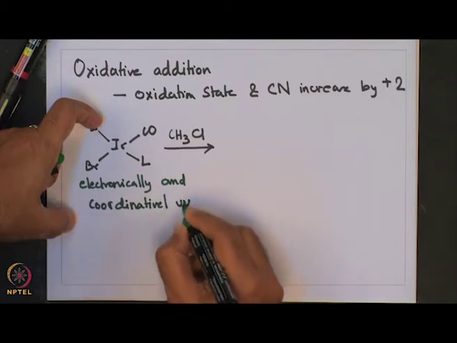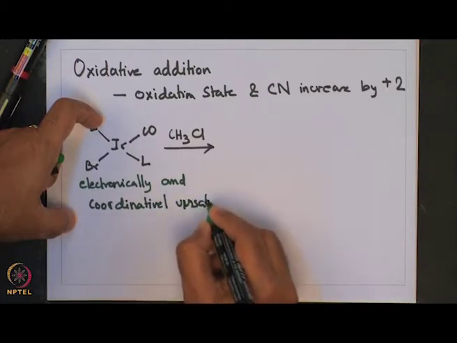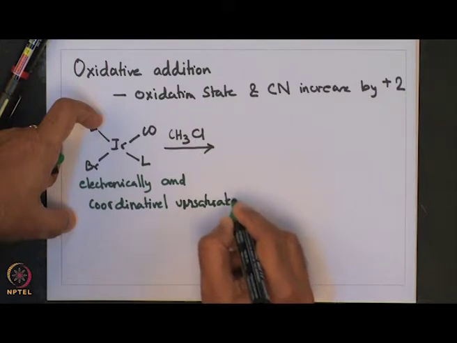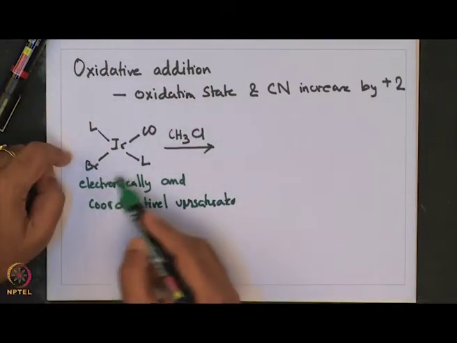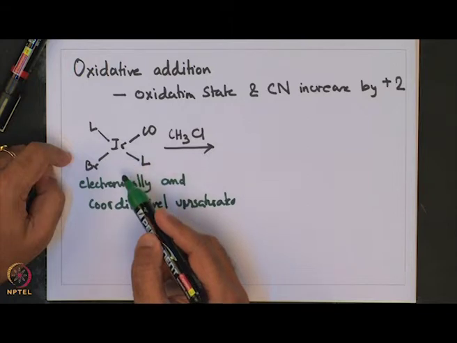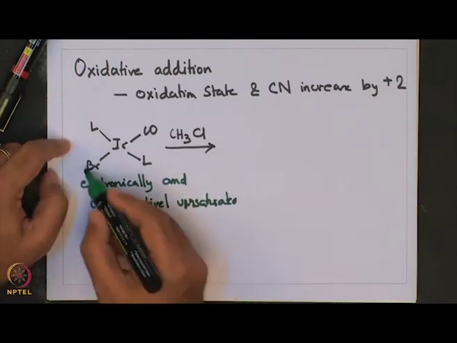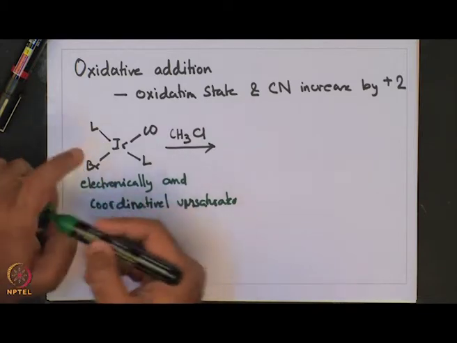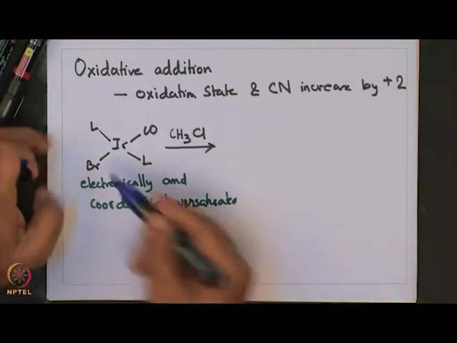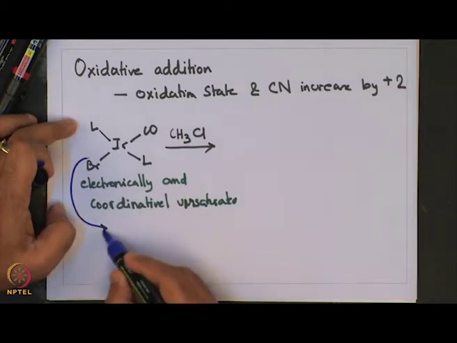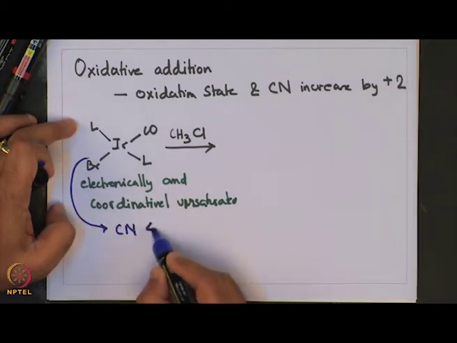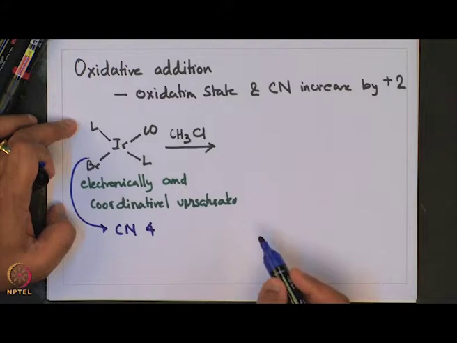This iridium complex satisfies both because it has a coordination number of 4, that means it can still end up being an octahedral complex having coordination number 6.